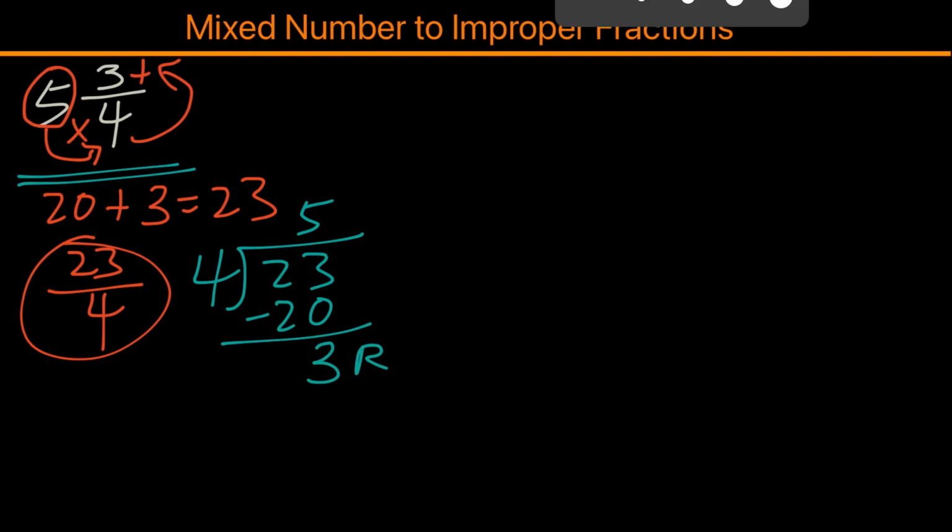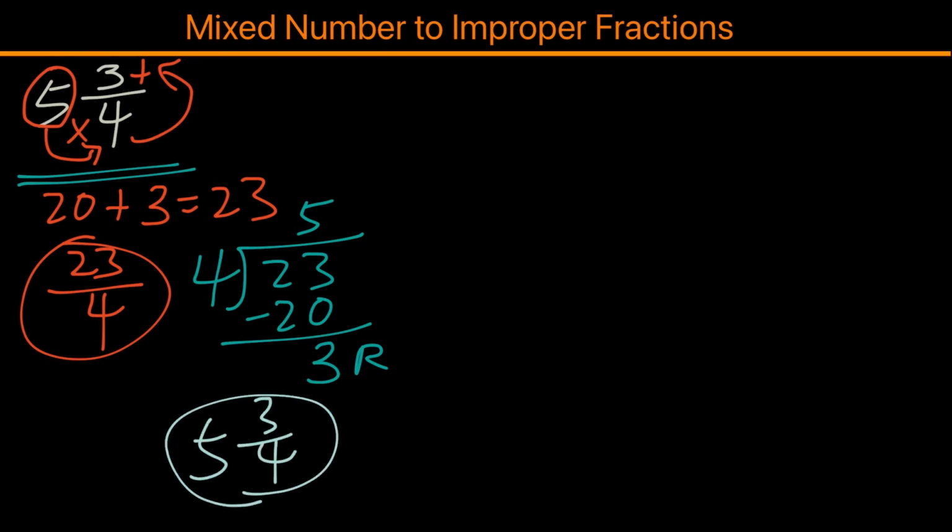So the mixed number would be 5 3/4, and that's the same as the original question. This tells us that the improper fraction that we got, 23 over 4, is correct.